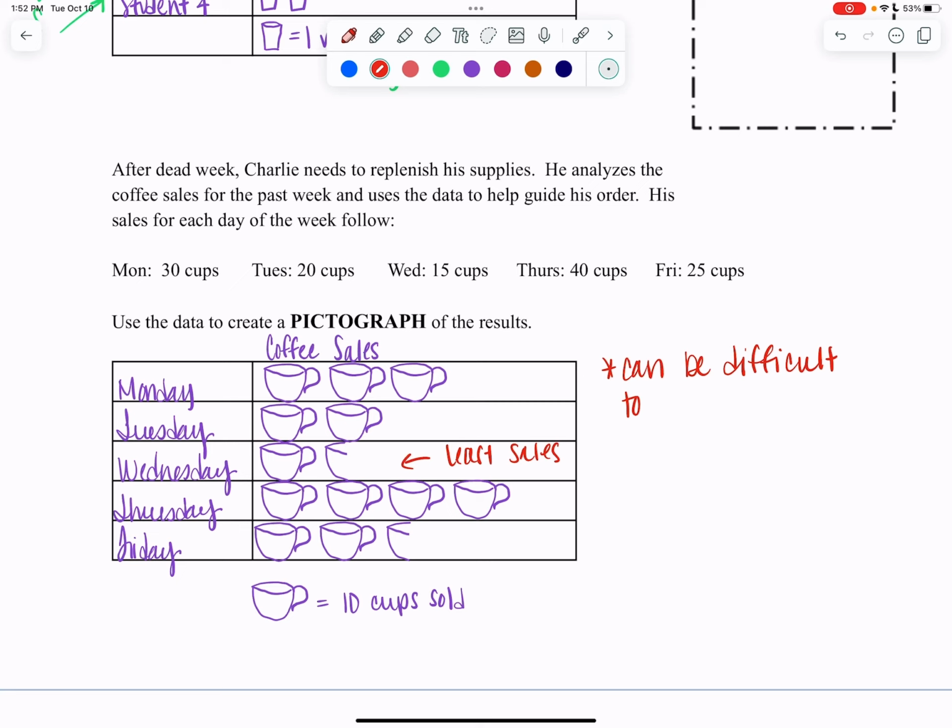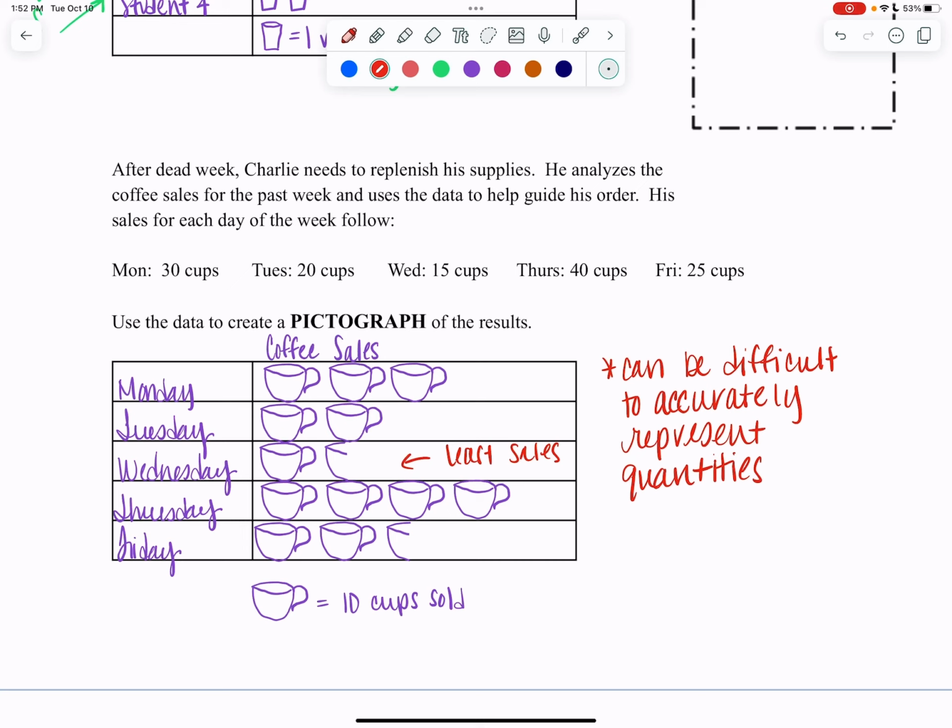So let's say it can be difficult to accurately represent different quantities.